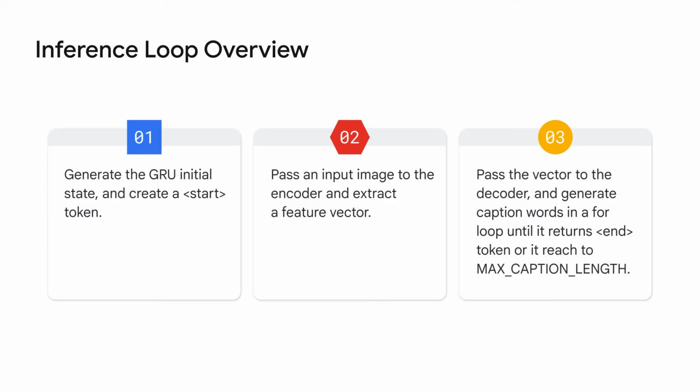And in this for loop, we define all the procedures of caption generation by calling the decoder autoregressively. The end token is a special token too, which means the end of the sequence. So when our decoder generates this token, we can finish this for loop. Or you can go out of the loop when the length of the caption reaches some number, max caption length.